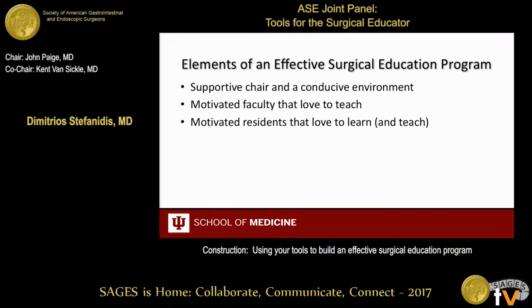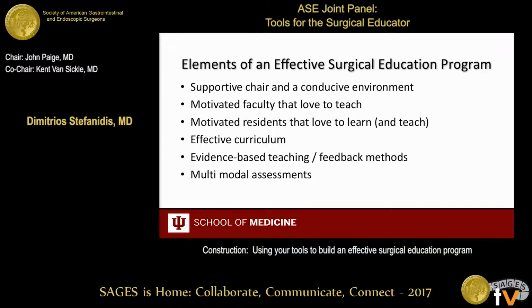You have to have motivated learners who love to learn and teach, because you also have other learners, like medical students. You have to have an effective curriculum. I would argue you also need evidence-based teaching and feedback methods to make sure you provide the best possible opportunities for learning. You need to have assessments.